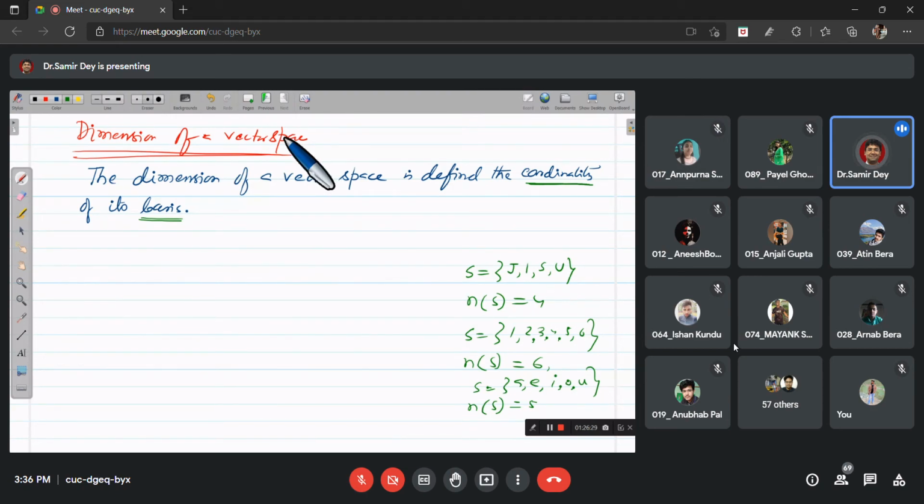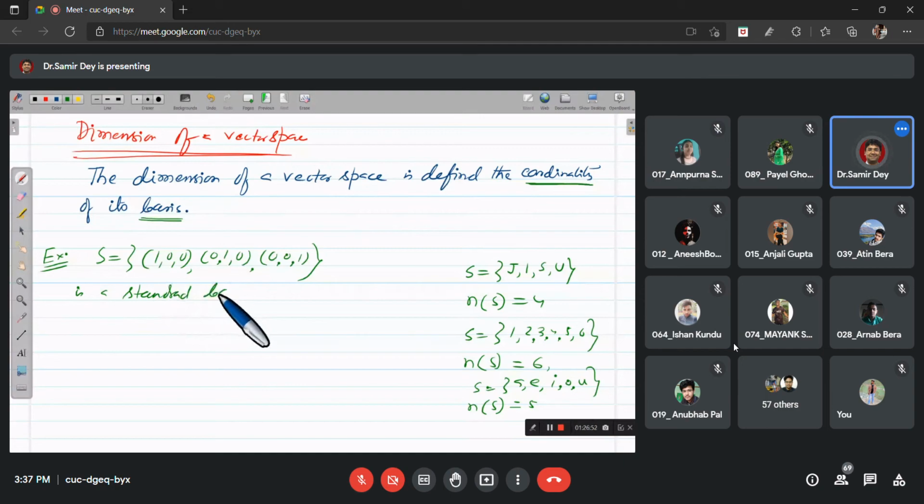Okay, now listen carefully. Example. Now try to understand the example, then you can get some confidence. Suppose S is (1,0,0), (0,1,0) and (0,0,1), a standard basis of R cube.